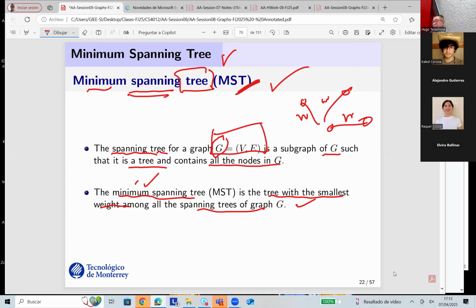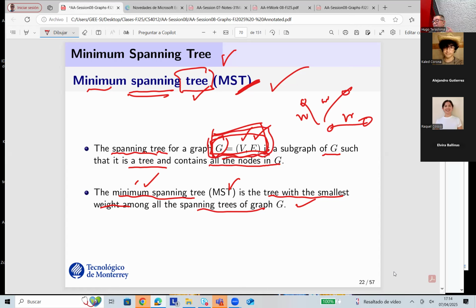Professor, can you explain again the concept of a spanning tree? Yes. Let me just go back. You have a graph G with vertices and edges. And actually, if I'm going to get the minimum one, I'm going to have weights also, right? But first, is it clear what a tree is inside a graph G?